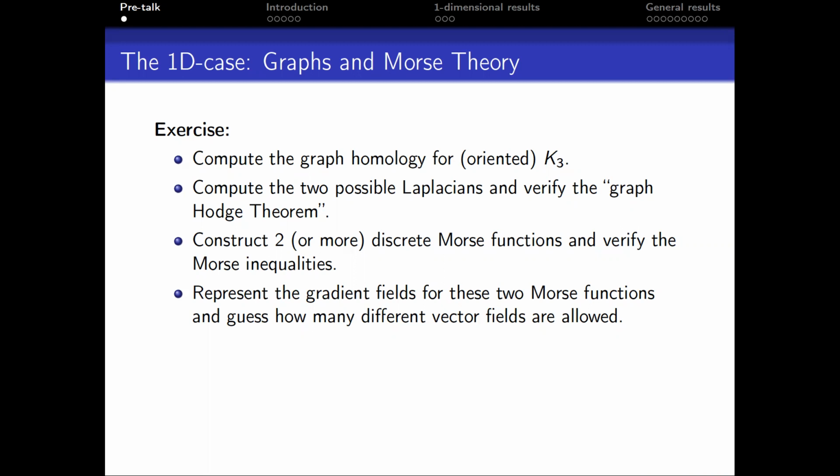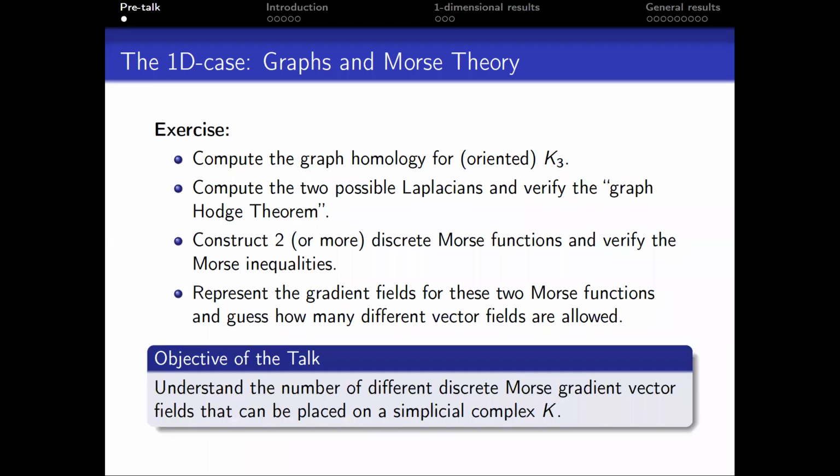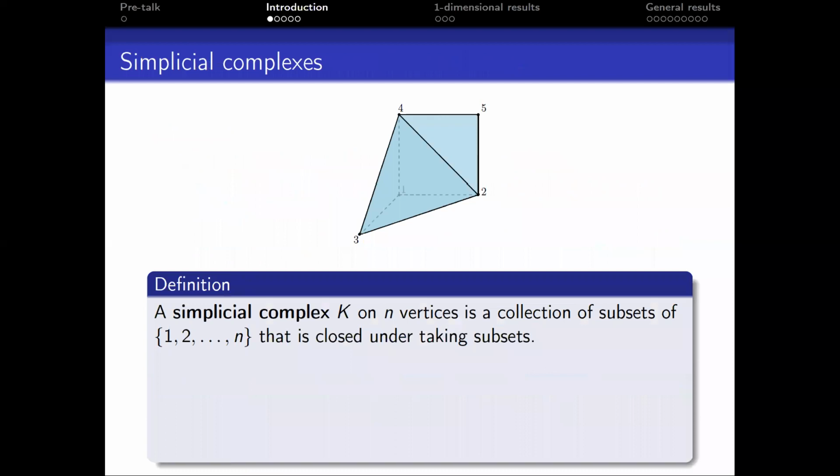We also saw the Hodge theorem, which tells you that knowing the kernels of the Laplacian tells you also information about the topology. And I gave you two examples of Morse functions, one with more critical cells than the other. And we want to count them all.